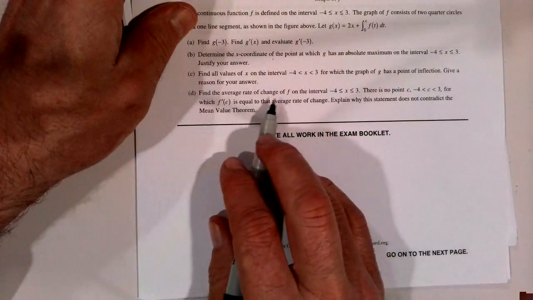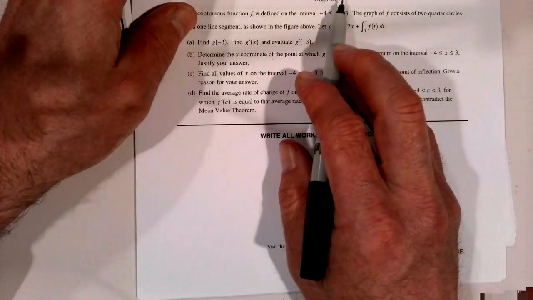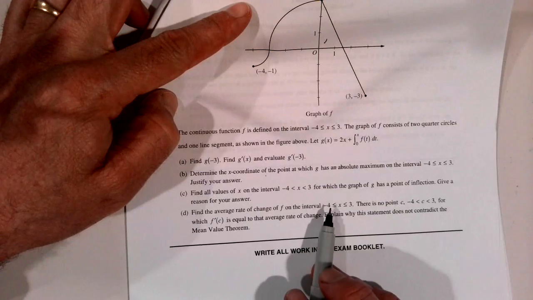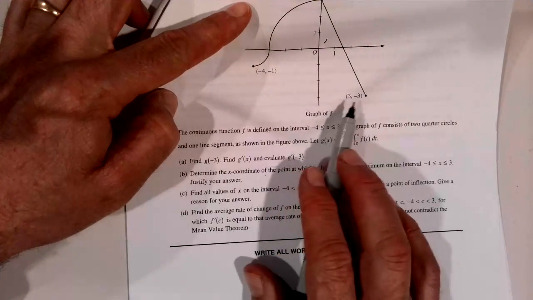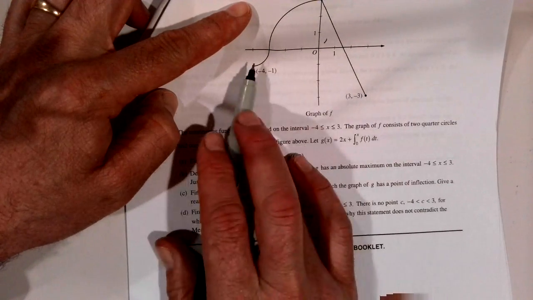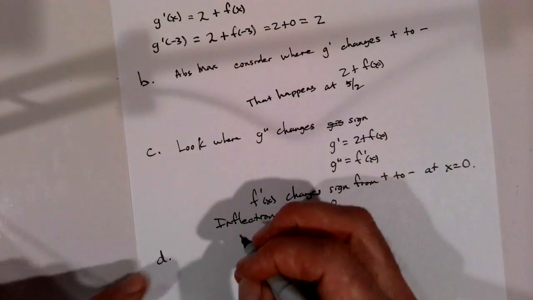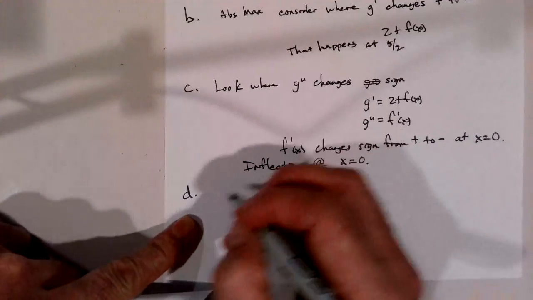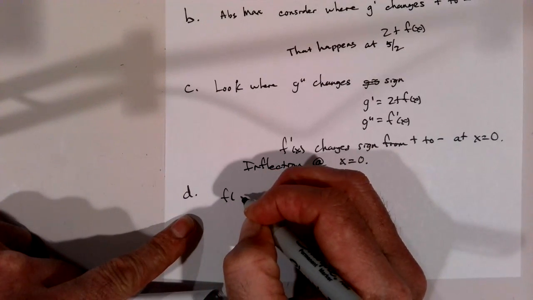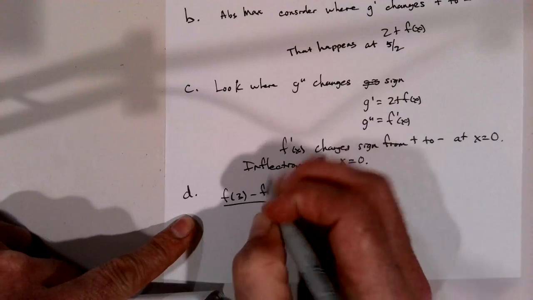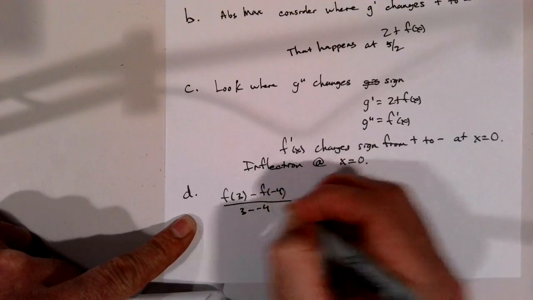And then finally part D. Find the average rate of change of f. The average rate of change is just the slope of f over the interval -4 to 3. You can see it's a negative rate of change from there to there. We just use slope, so we do f of 3 minus f of -4 over 3 minus -4.